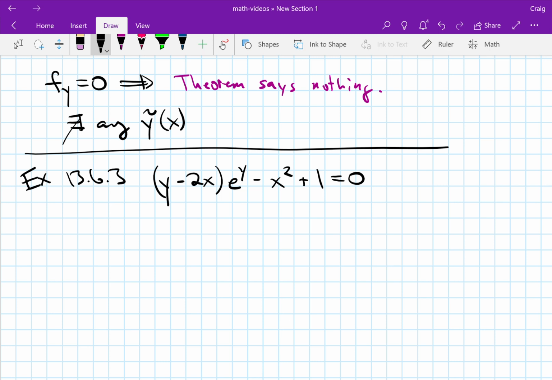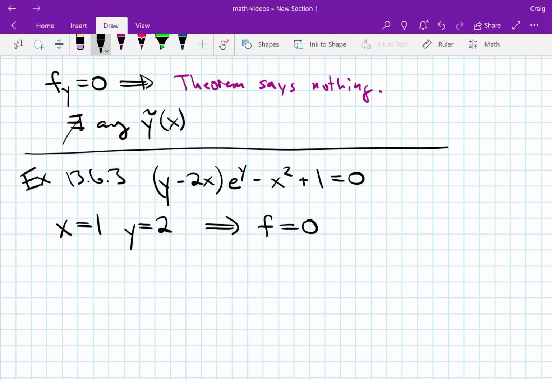Okay, it could be complicated, but we know that x equals 1, y equals 2. We can plug in the values of x equals 1 and y equals 2, and that tells us that this constraint relation is satisfied at (1, 2).